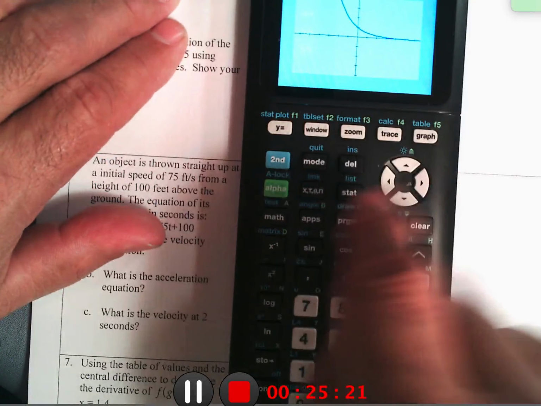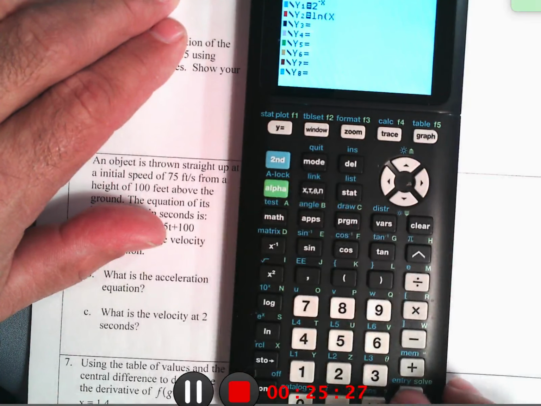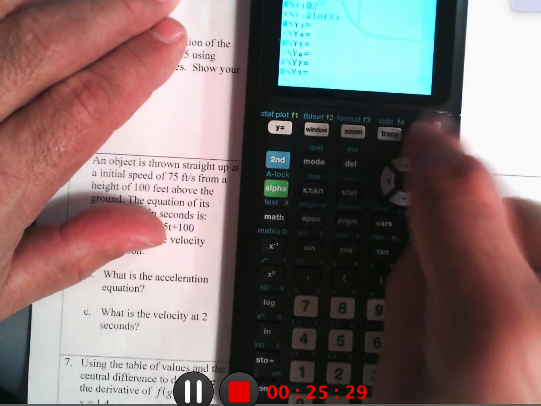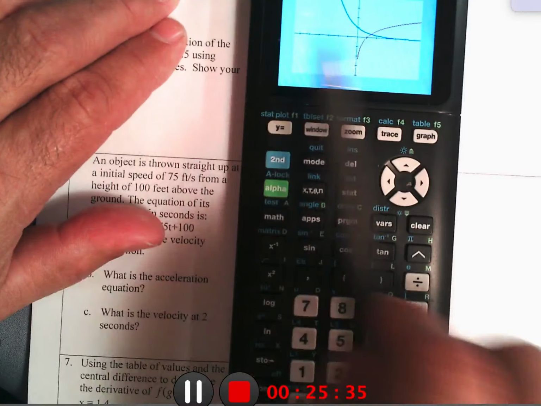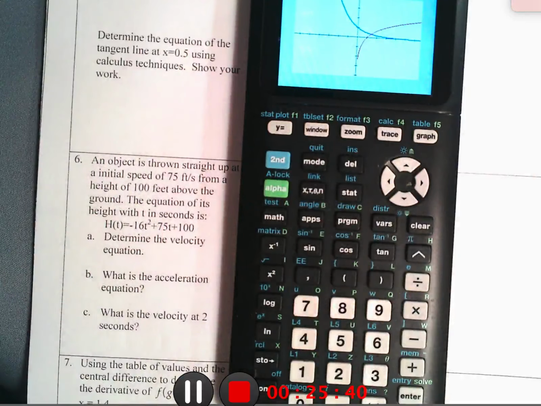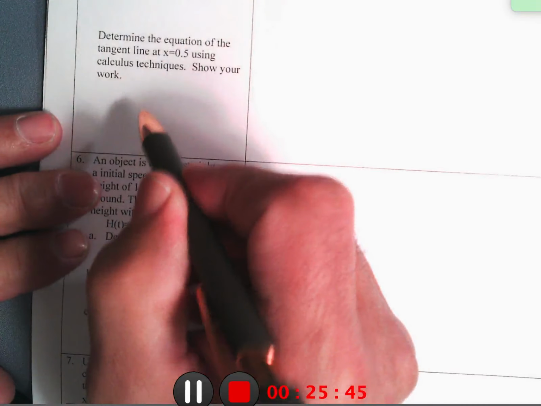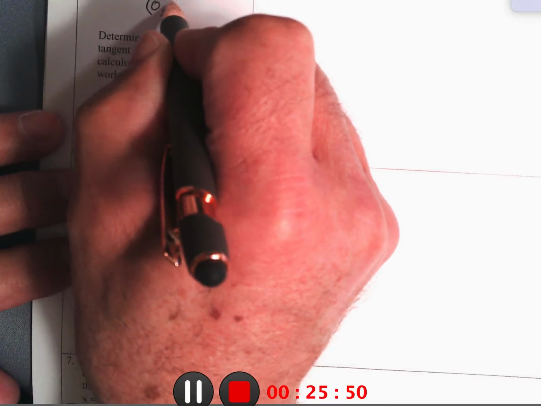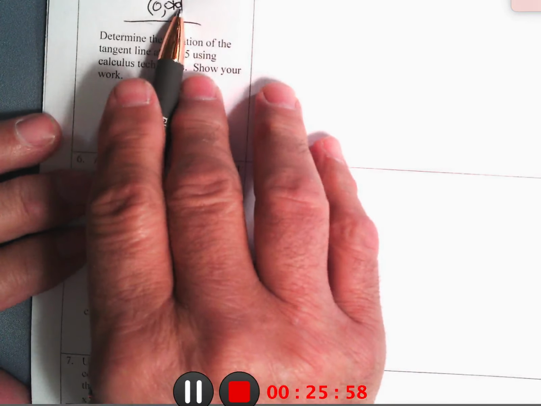Y equals ln x. Ooh, that doesn't work at 0 or smaller. It'll work for greater than 0, but not anything smaller. So is it differentiable over that interval? No, it's only differentiable from 0, not including 0, to 1 on that interval. It's actually integratable from 0 to infinity, not including 0.